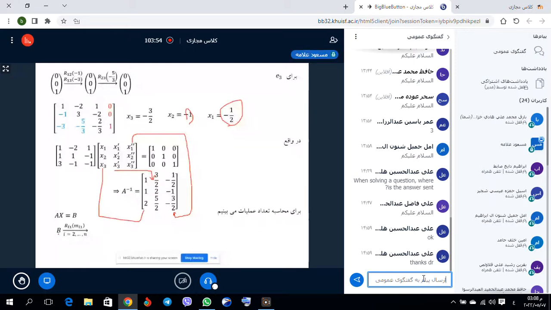B, we do that Ri1, Mi1, i from 2 to n to find B1. And again, we do R2i, Mi2 from i equal 3 to n to find B2, and go on to find it finally.